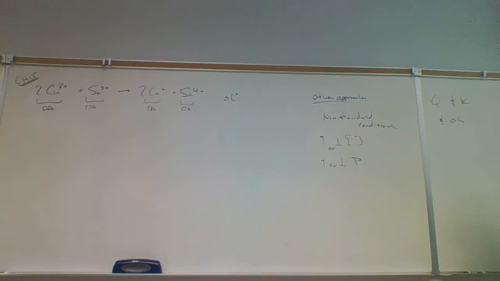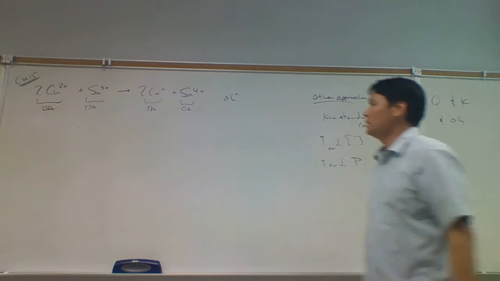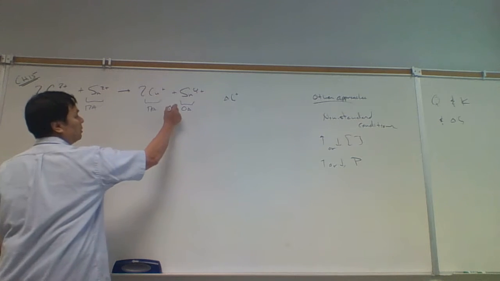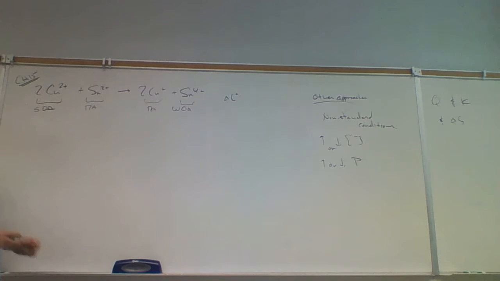So this is my oxidizer. And then I look for, what's my other oxidizer? Tin 4. Which one's stronger? Copper 2 or tin 4? Copper 2. And so what that means is we're going from stronger to weaker.